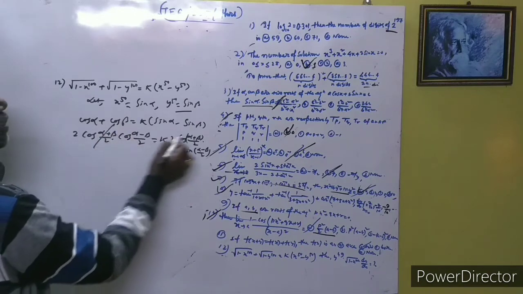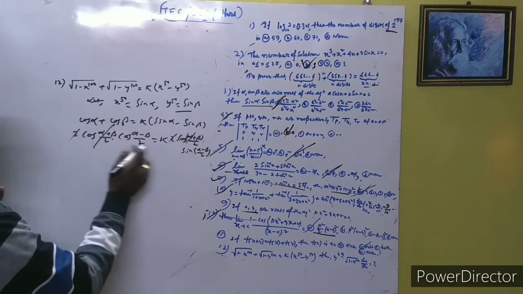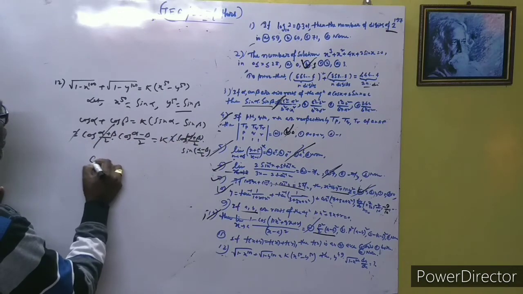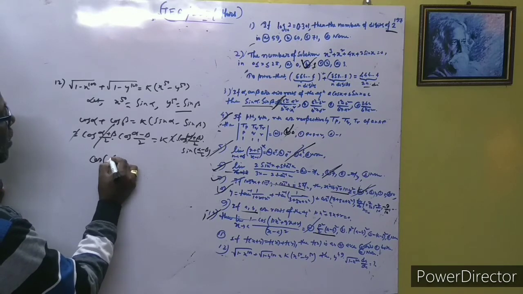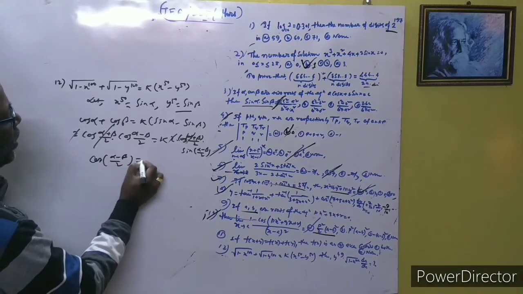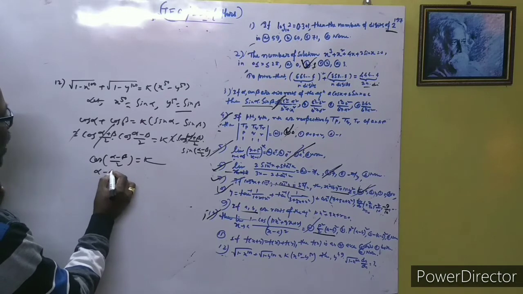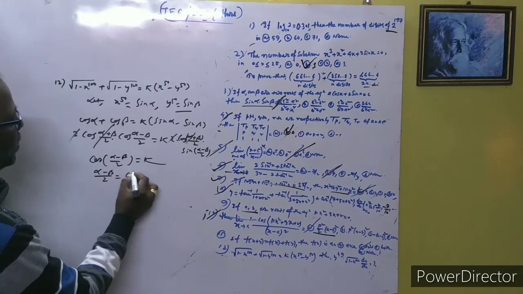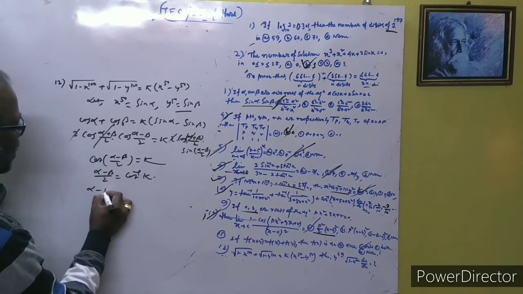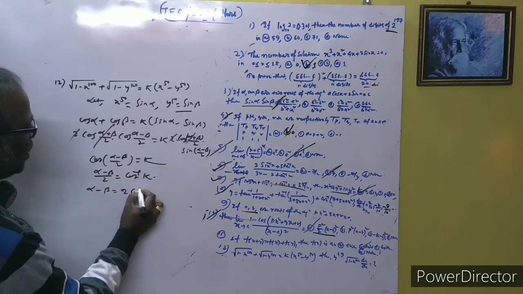So the cos and 2 are cancelled, divided by sine, then we get cot of (alpha minus beta) by 2 equal to k. So alpha minus beta is equal to 2 into cot inverse k.